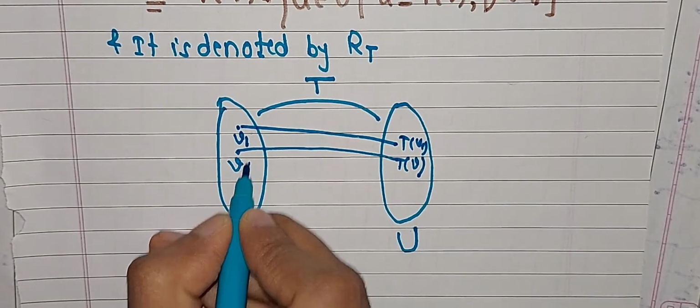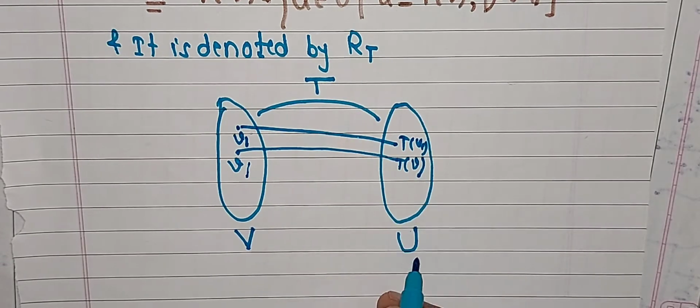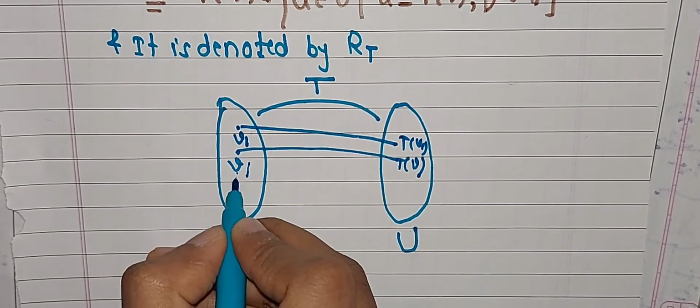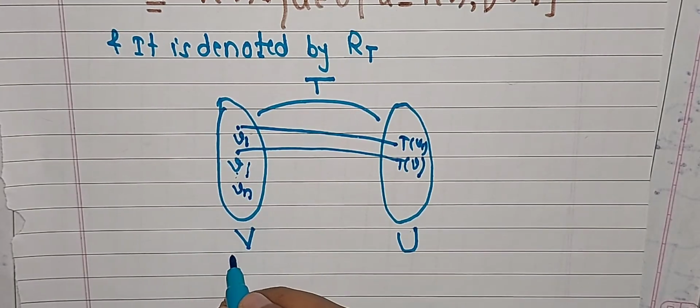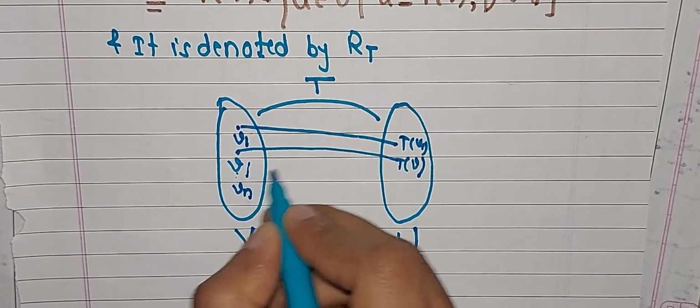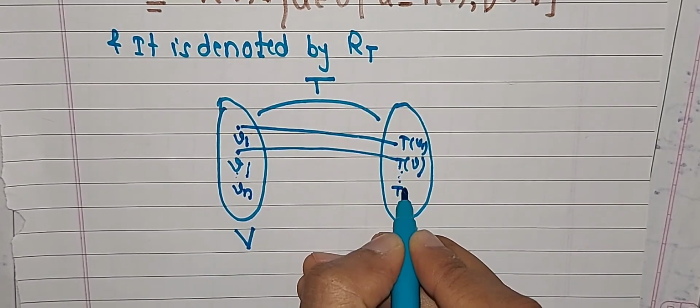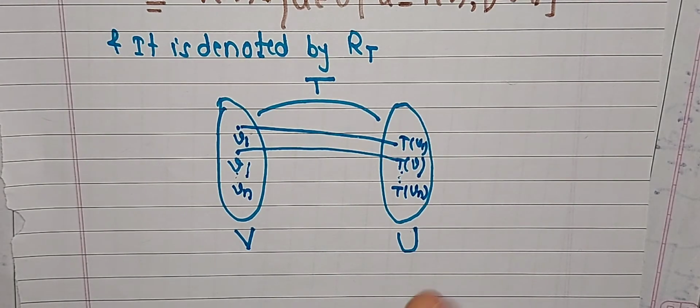Similarly, if I choose v2, we will have the image T of v2 in this capital U. Similarly, up to the nth element vn from the domain, when we apply the transformation, its image will be T of vn.